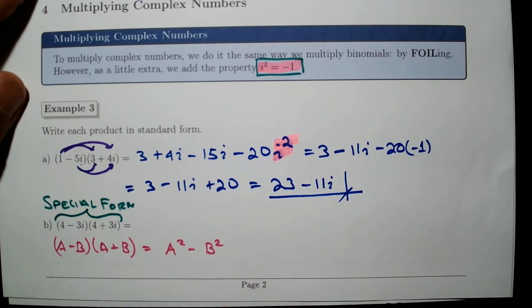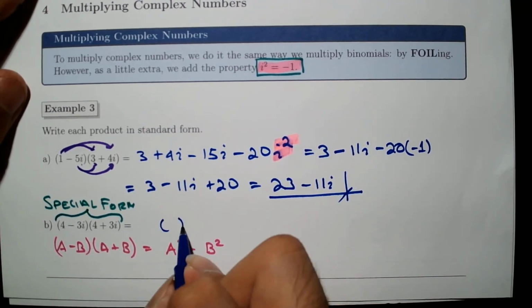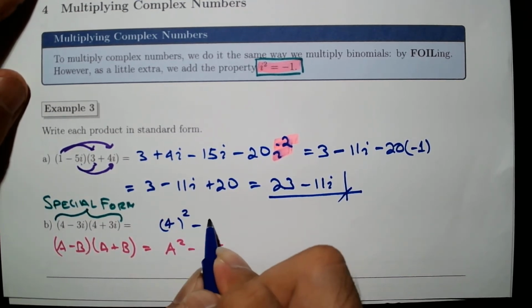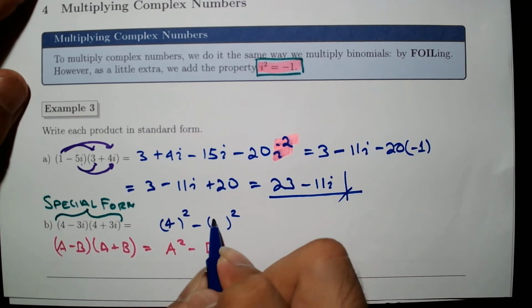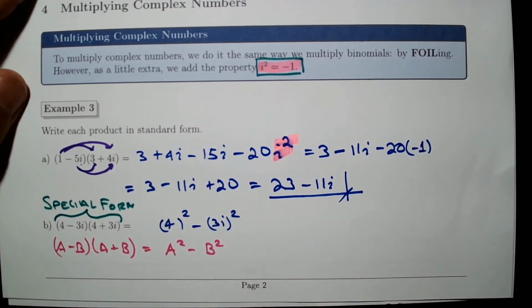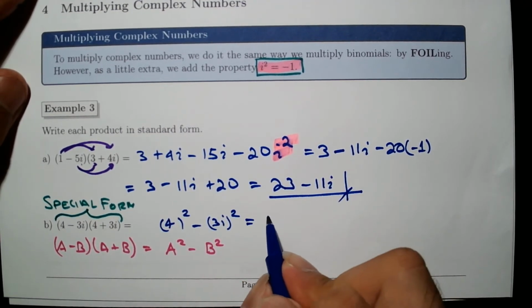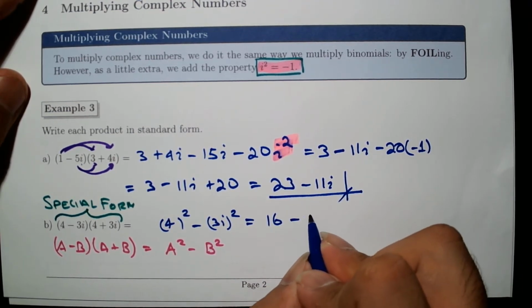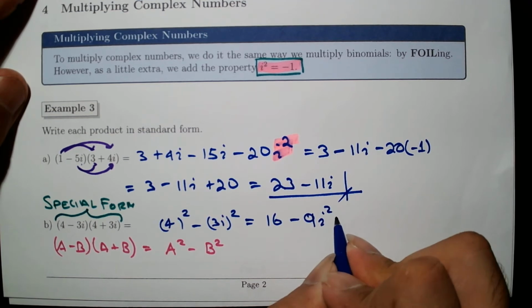Okay? So, all we can do here is square a, in this case a is 4, and square b, that's 3i. 4 squared equals 16. 3i squared is 9i squared.